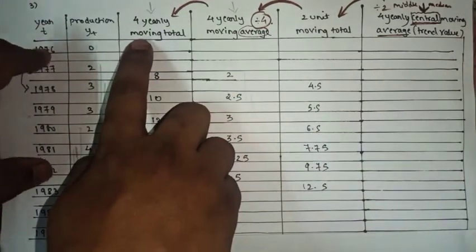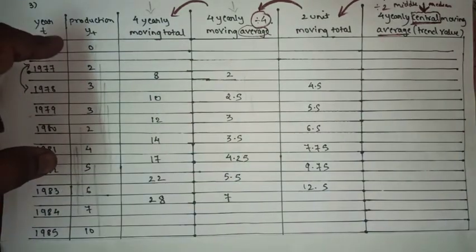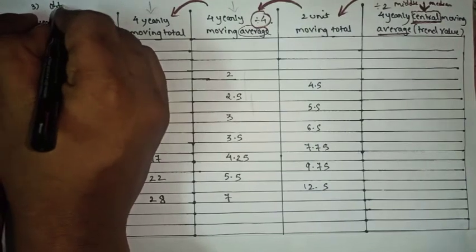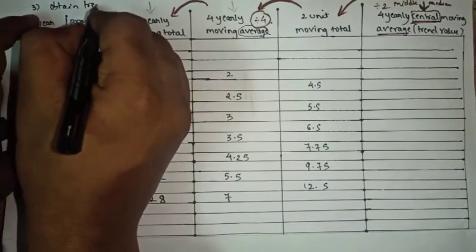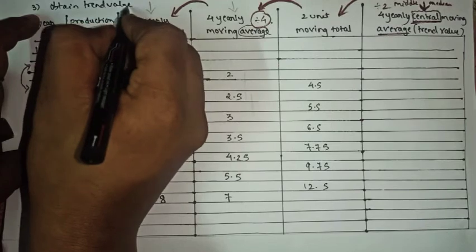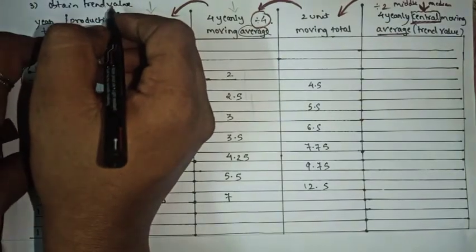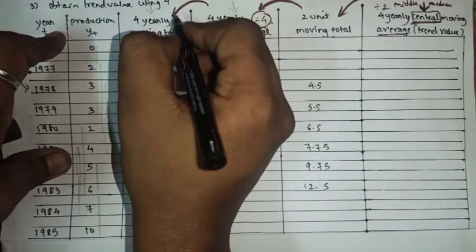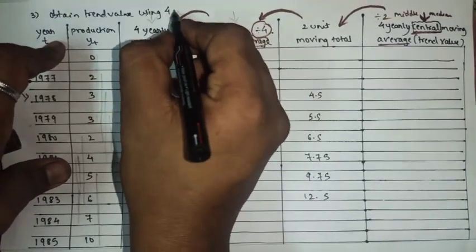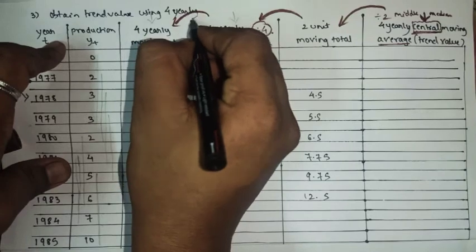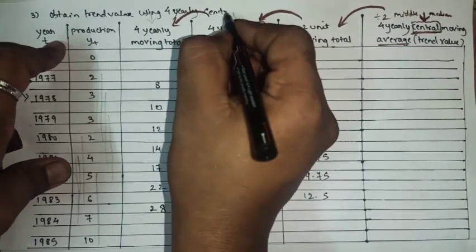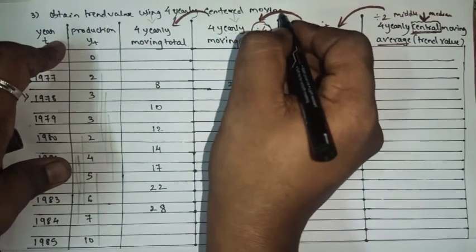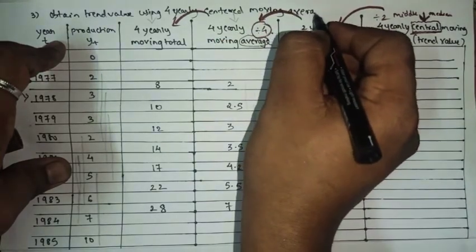For 4-year moving average, you have to obtain the trend value, but they will use the word 4 yearly centered, a central moving average.